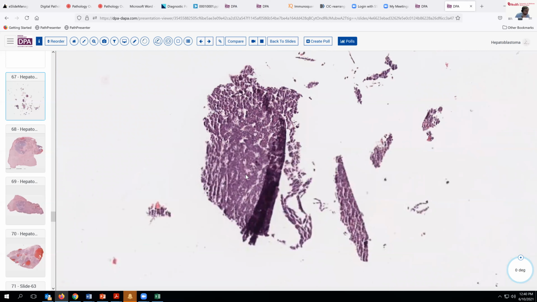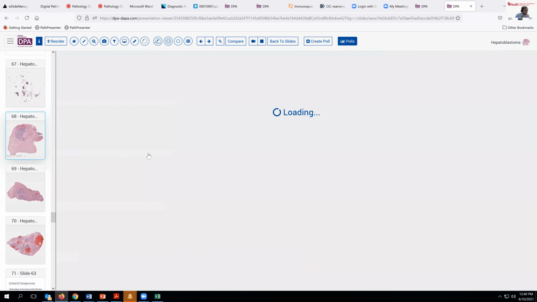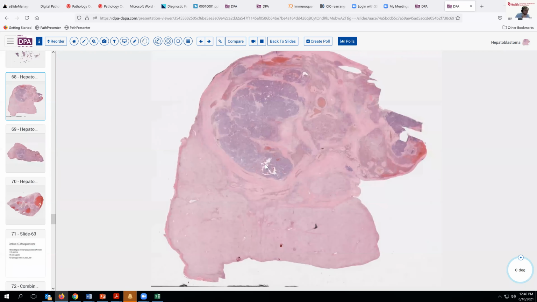And so in the pediatric age group, a tumor like this, you would be thinking of hepatoblastoma, or you could be thinking of a blastoma from another organ, pancreaticoblastoma, if you're in the pancreas or something of that sort.